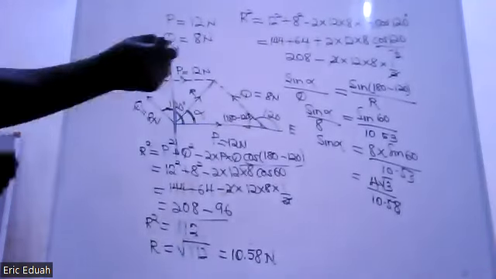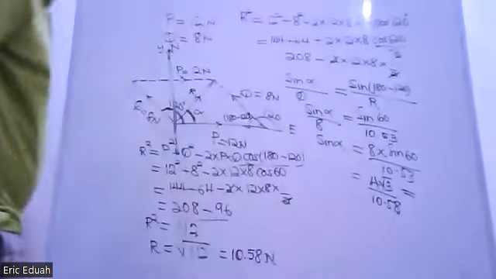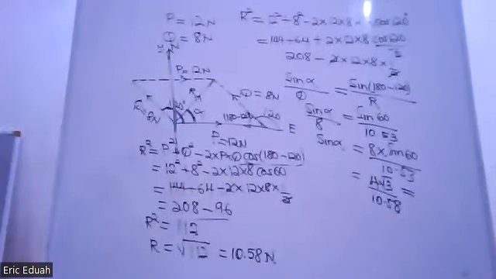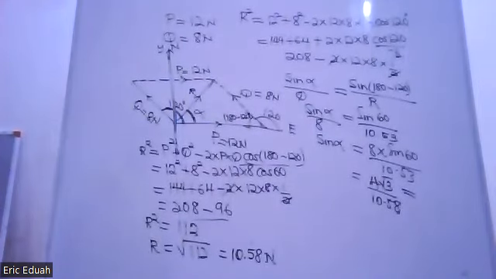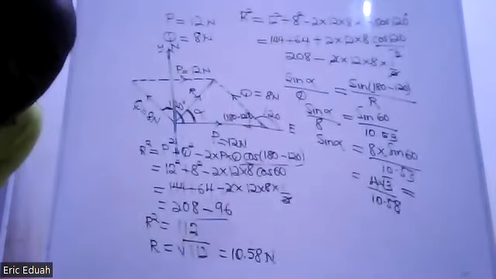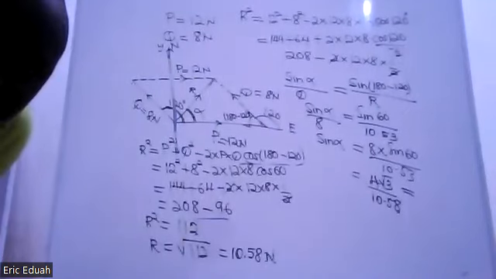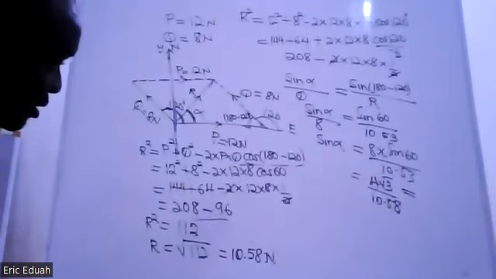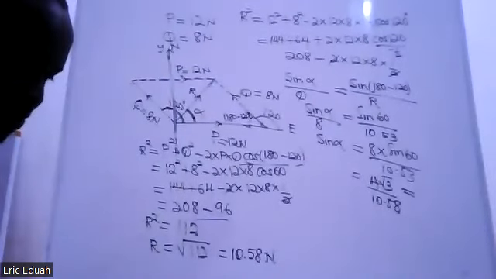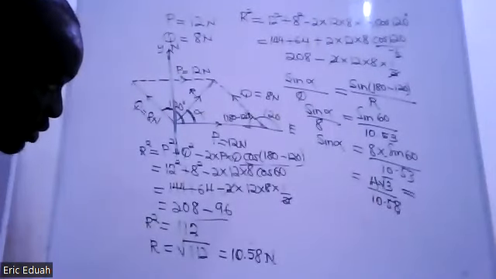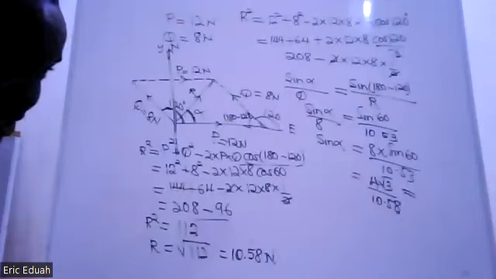So what is this ratio? 4 root 3 divided by 10.58. Give me that ratio. Please, I'm a bit lost.